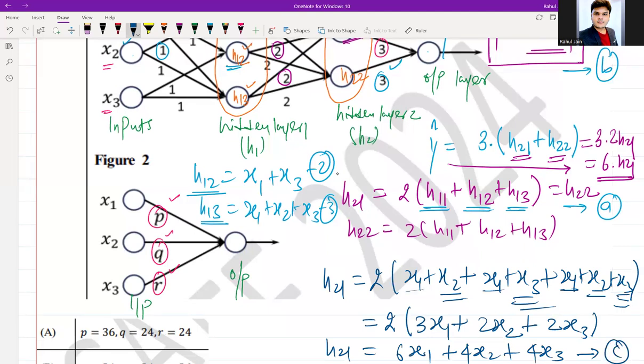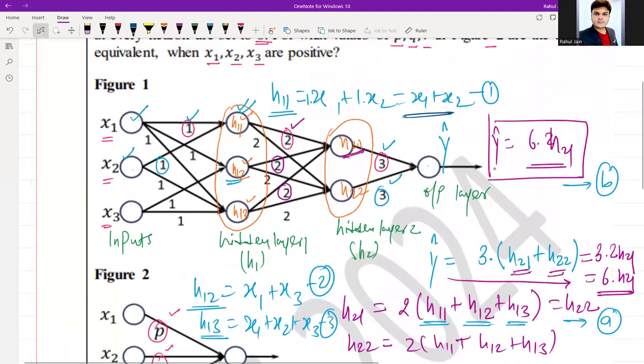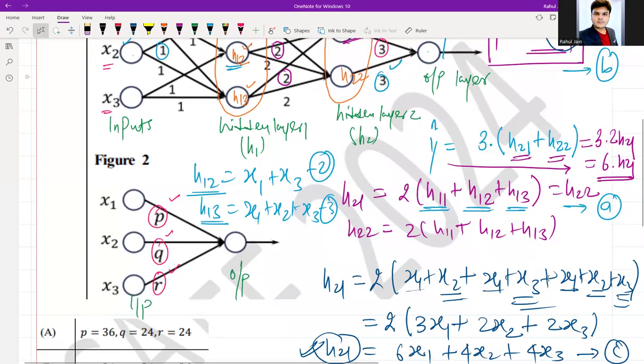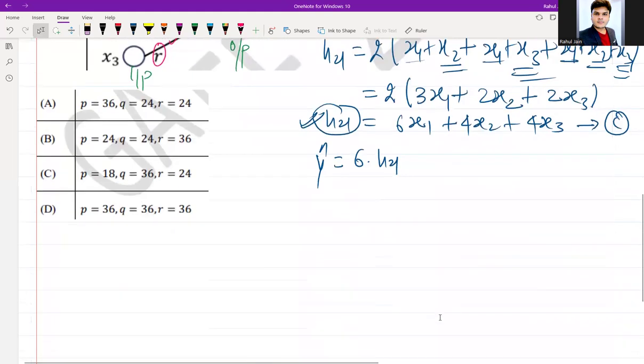What I am going to do, I am going to substitute equation number C, that is the value of h21, in equation number B. So I am going to substitute in the equation y cap equal to 6 into h of 21, right?